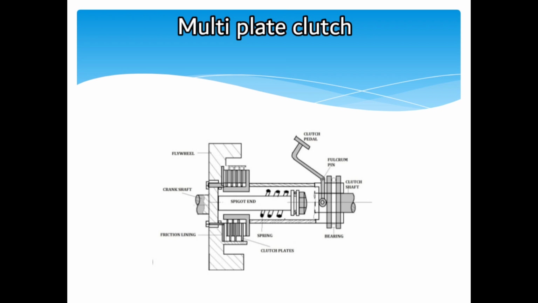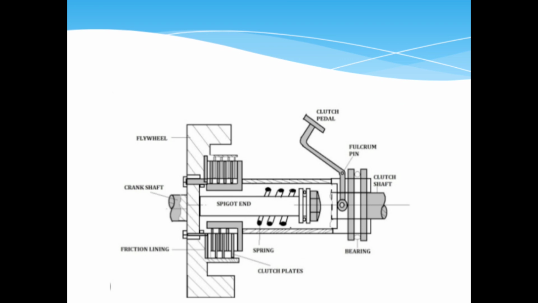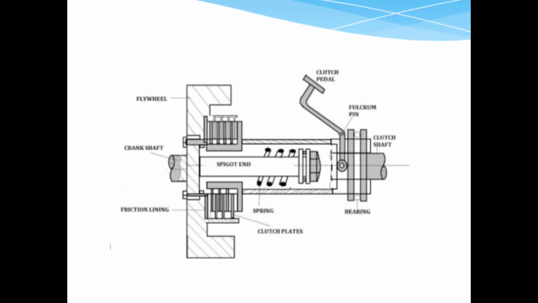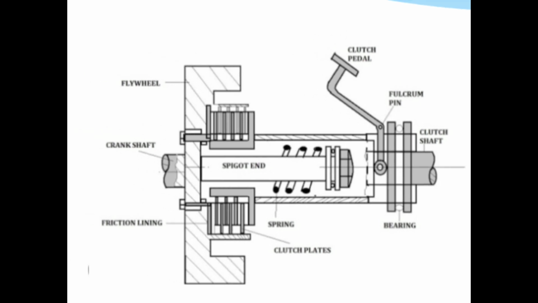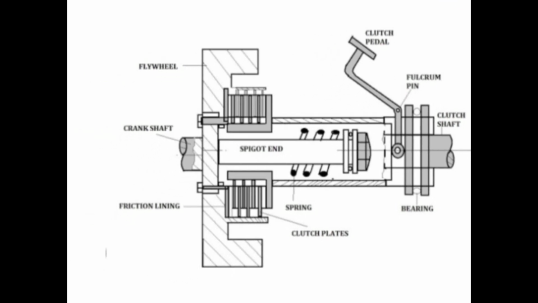You can take a look at this type where this clutch is used. There are various components here. We have the flywheel. If you can see, it has the crankshaft, just as usual.